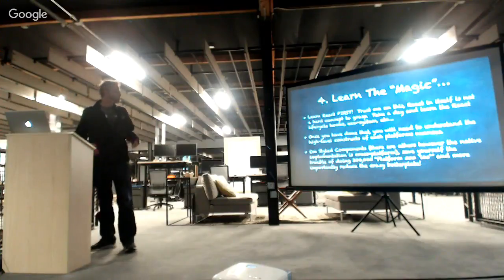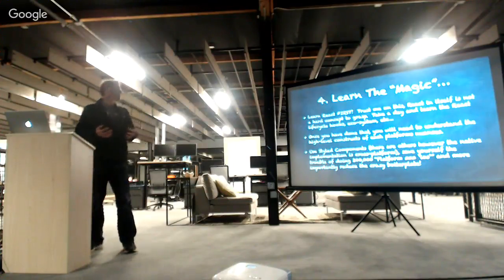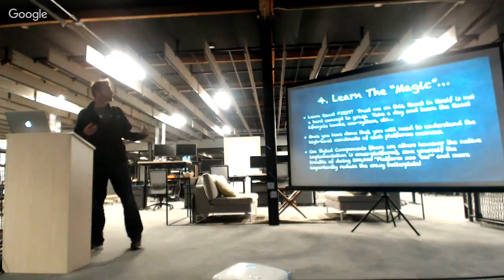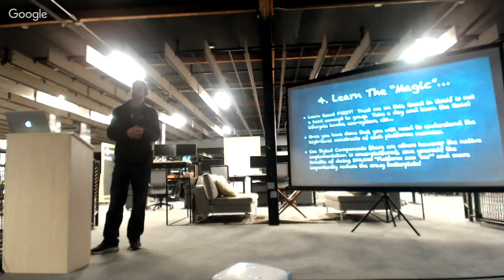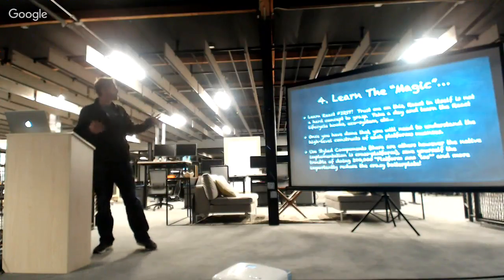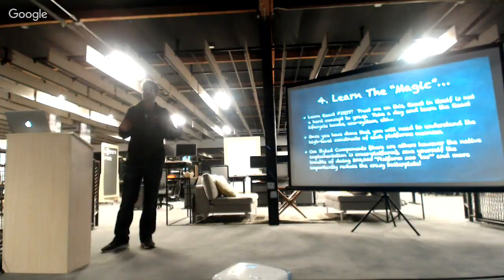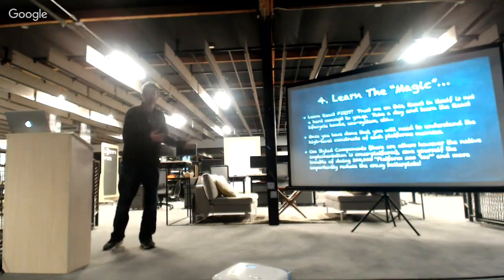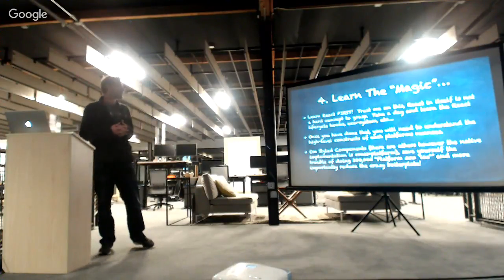Another thing, learn the magic, all right? If you haven't even dabbled with React and you're like, oh, I want to build a mobile app and I want it to be native, why don't I just go ahead and use React Native? Yeah. Really, that's the whole reason it's there. That's a fantastic idea.